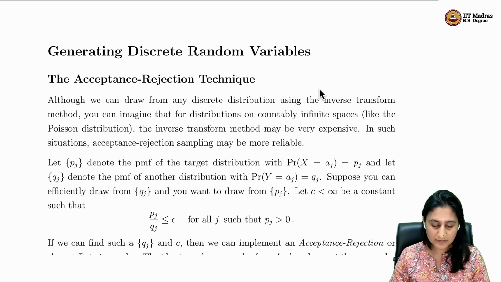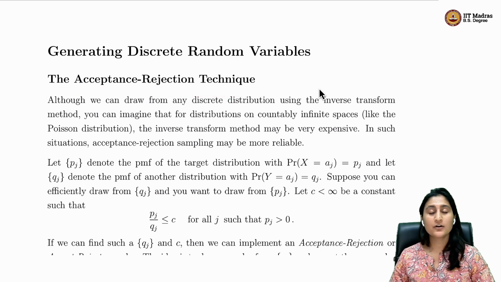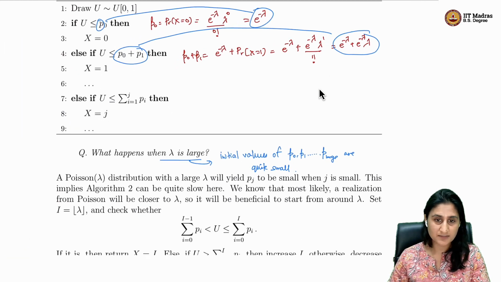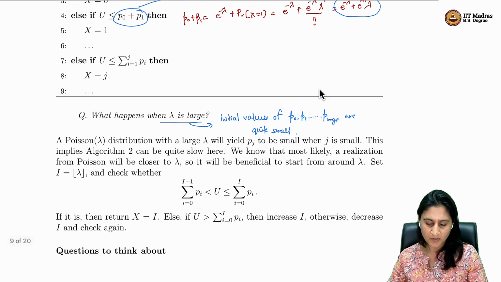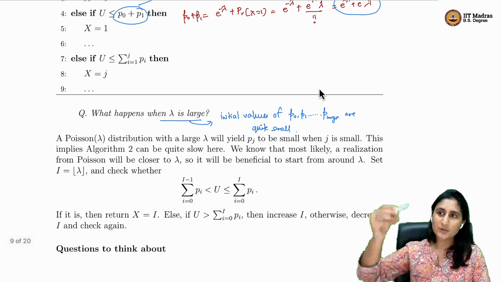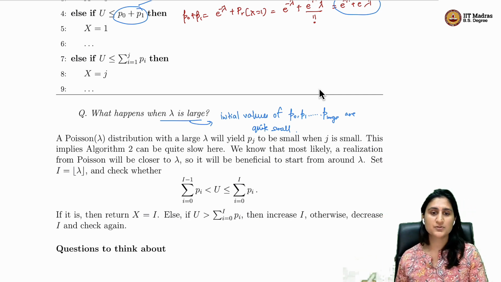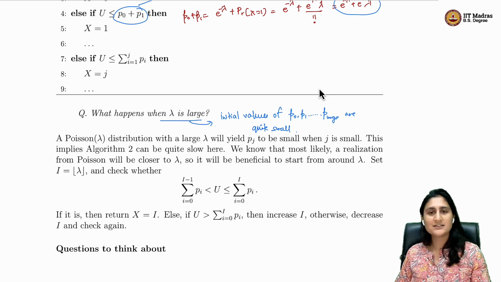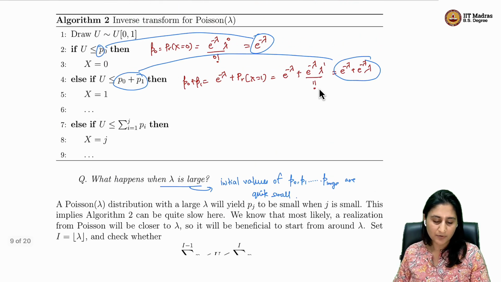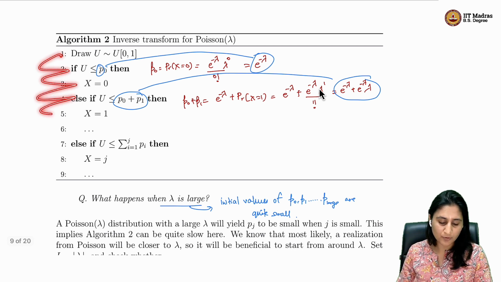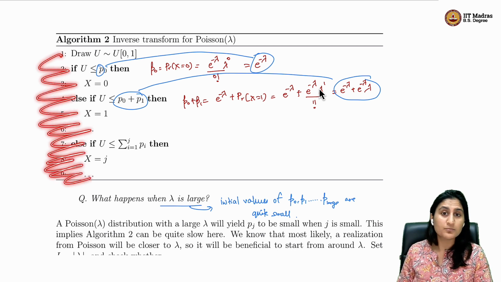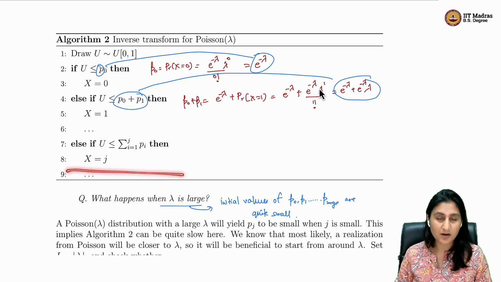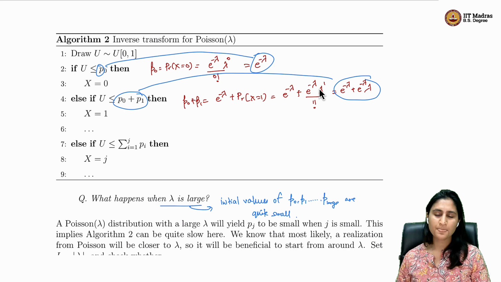The reason it would be useful is the last point that we discussed for the Poisson random variable. Because there are infinite possible values a Poisson random variable can take, it can be quite expensive to generate samples from it, because you could get stuck in what could be an infinite loop, particularly if you don't choose where to start in a smart way.